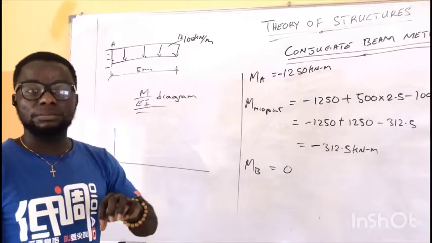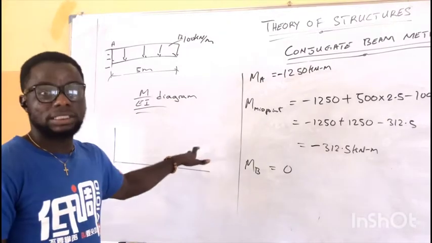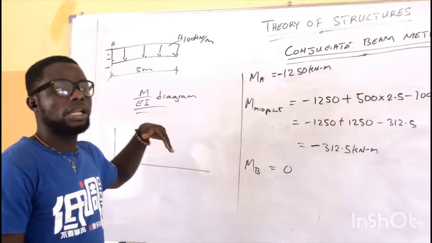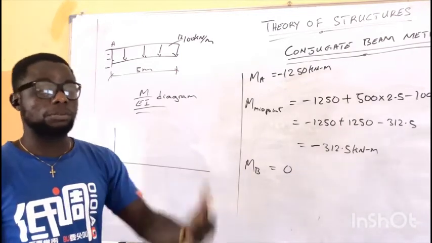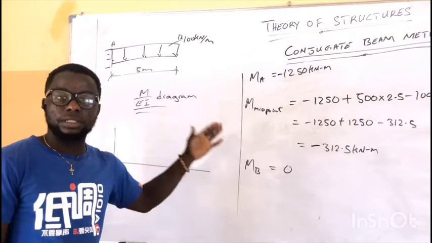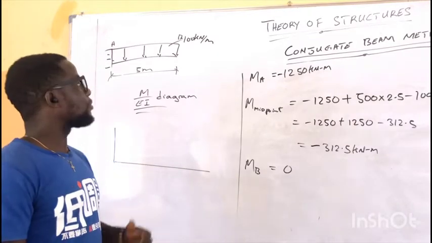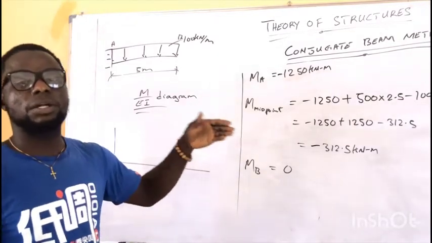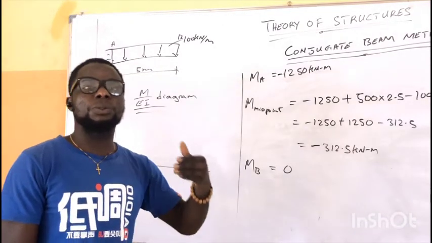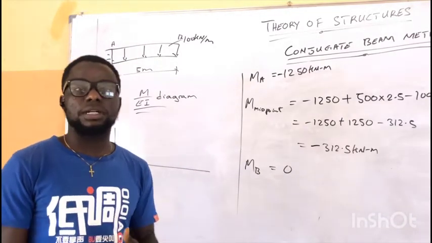Because this is just a sketch, it couldn't give us enough information on how the diagram will look. So, for you to use this method efficiently, you have to know, when you have a UDL, how does the bending moment diagram look?